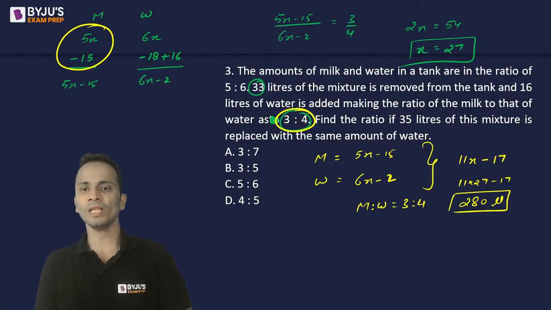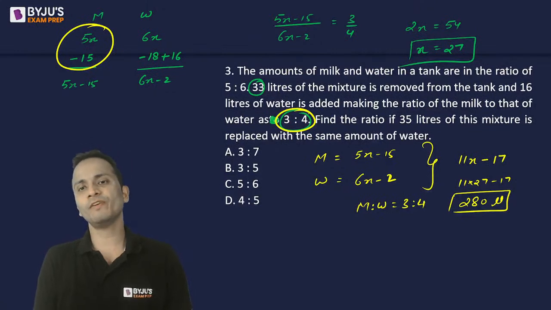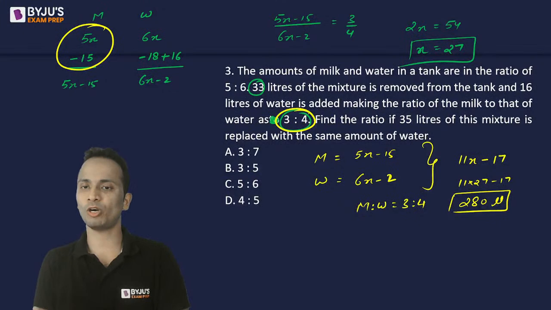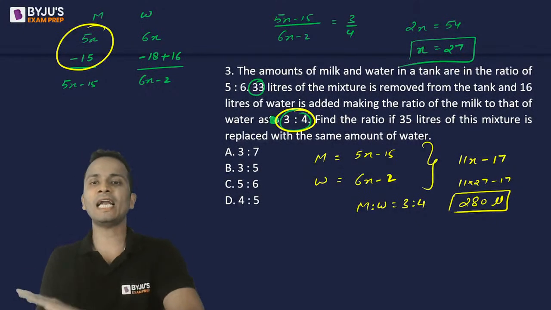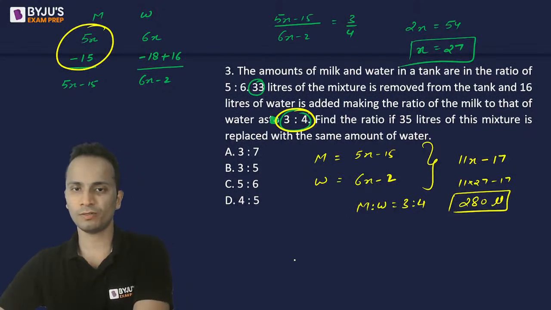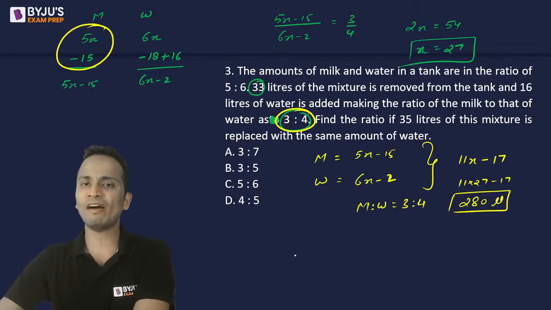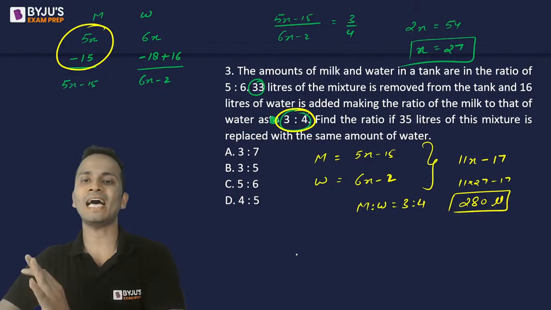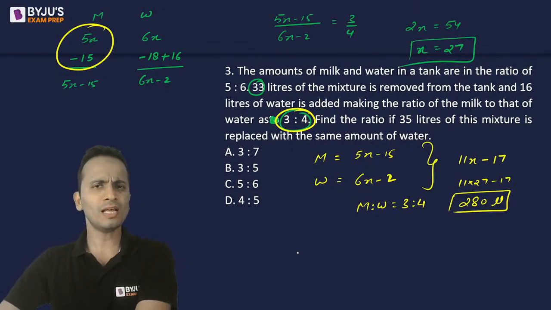Okay? Now my question is, find the ratio if 35 liters of this mixture is replaced with the same amount of water. 35 liters of this mixture is removed and is replaced with the same amount of water, right? So you have to find out the ratio of milk and water, right? So I'll use the method of alligations. We won't do very tough calculations.